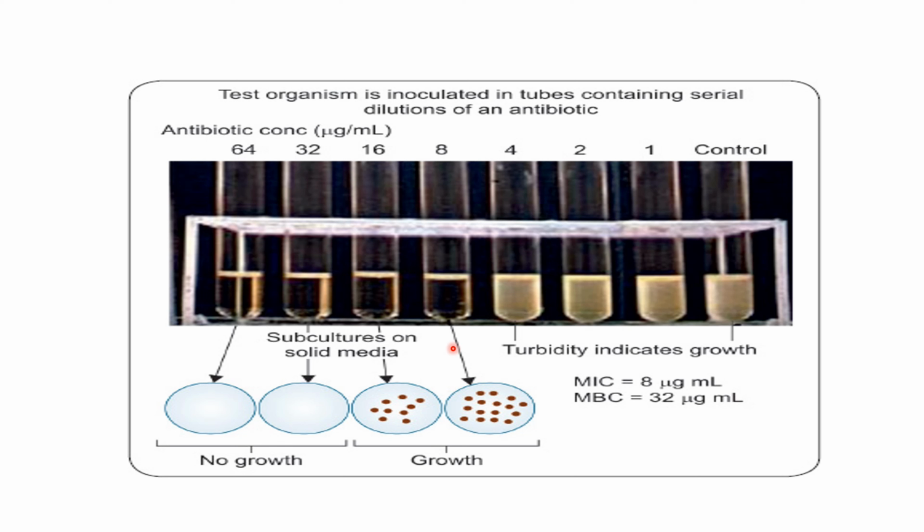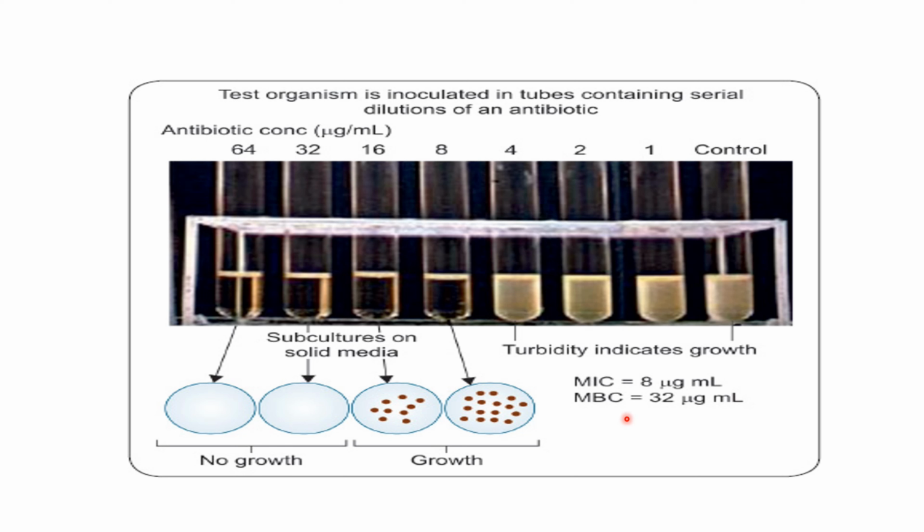This endpoint, 8, we will consider as the minimum inhibitory concentration, that is 8 milligram per ml. The minimum inhibitory concentration is the amount of antimicrobial agent required to inhibit the growth of bacteria, and that is called MIC.